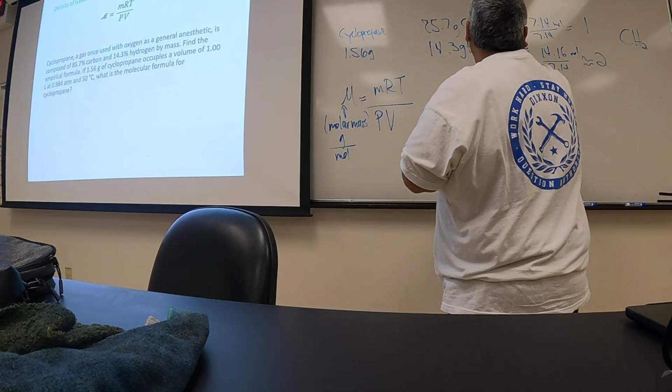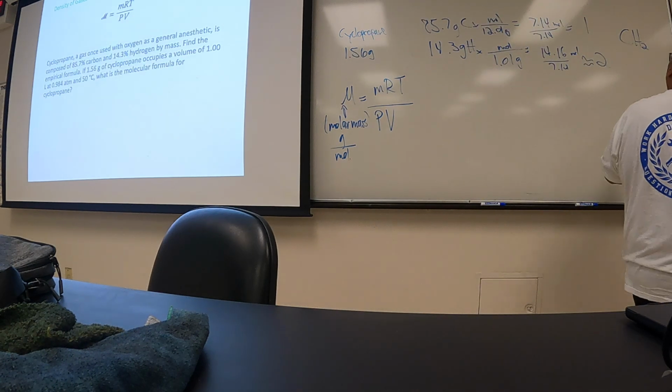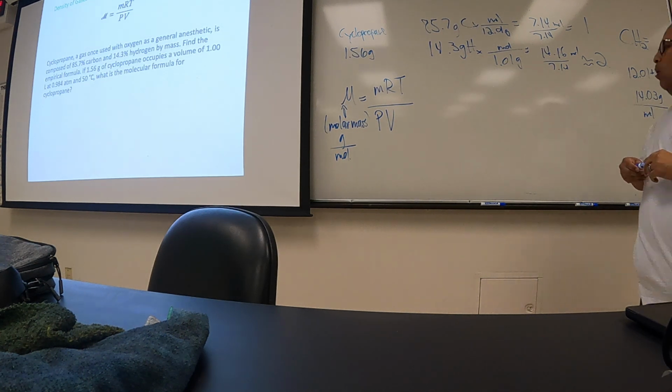And our molecular formula here, well, let's get the molar mass of this. We have 12.01 plus 2.02, and that's going to give us 14.03 grams per mole.